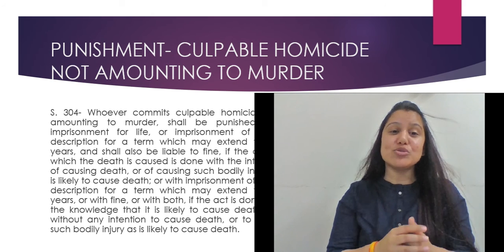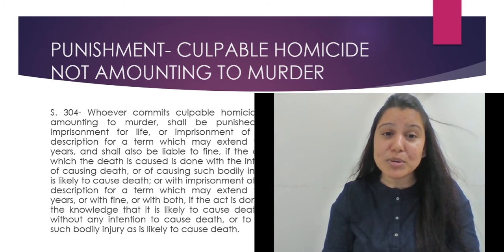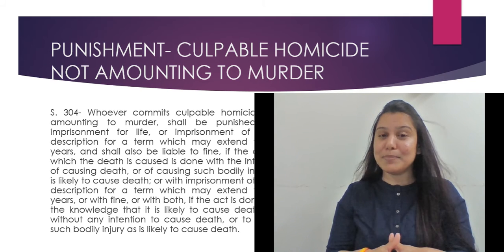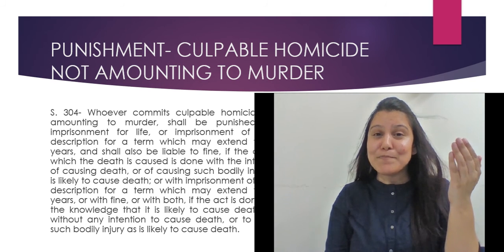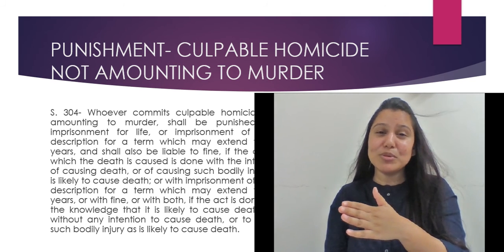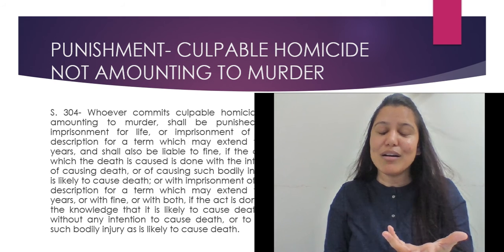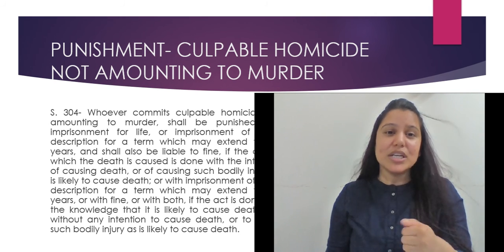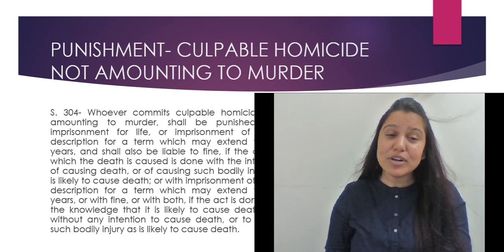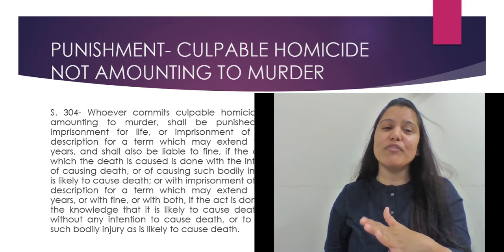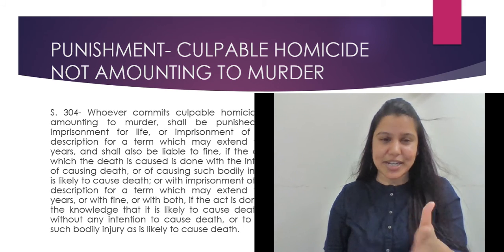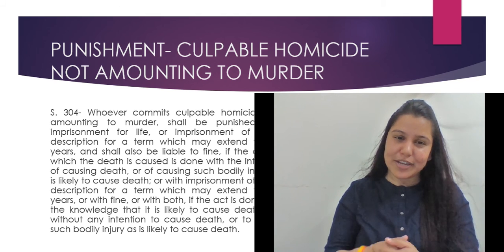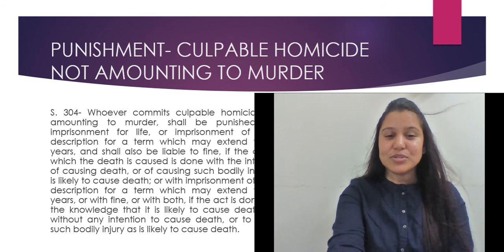But when it comes to culpable homicide not amounting to murder, death is not the punishment. The person would be protected from death. He will not be given capital punishment, but shall be punished with imprisonment for life or imprisonment of either description which may extend to 10 years and shall also be liable to fine. So here you see the very difference.